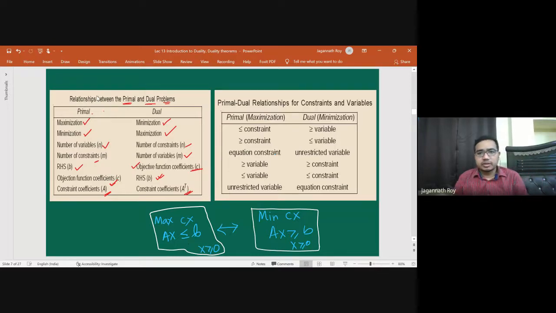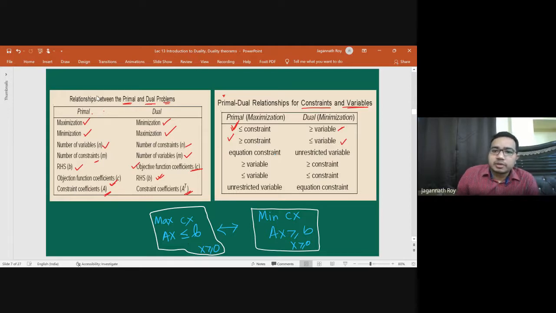Now this second summary says the primal dual relationship between the constraints and the variables. If we have a less than type constraint, then the variable will be greater than type. If the constraint is greater than type, then the variable will be less than type.